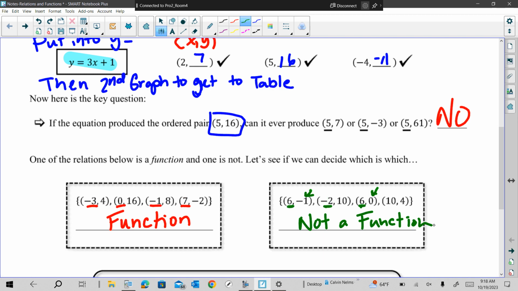And so this is not a function because, that's the abbreviation for because, B/C, because 6 repeated. Make sure you know why, because that's what you have to check for.